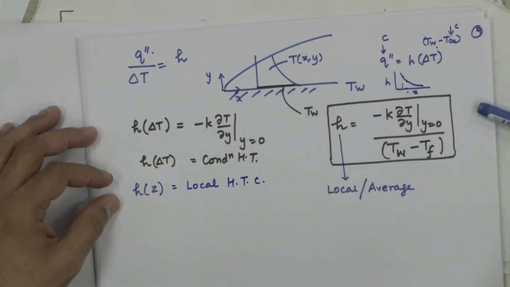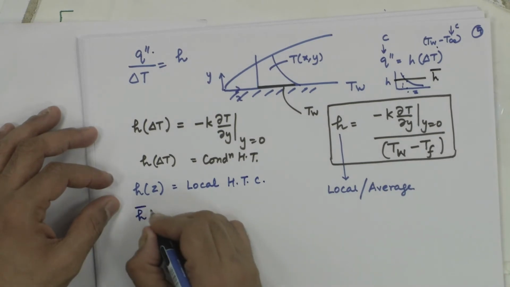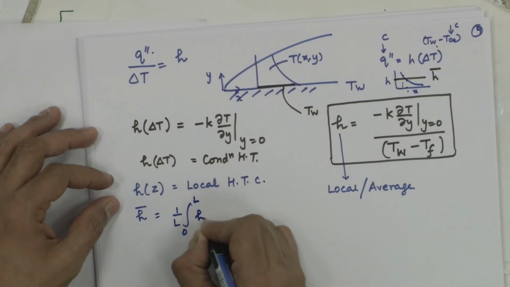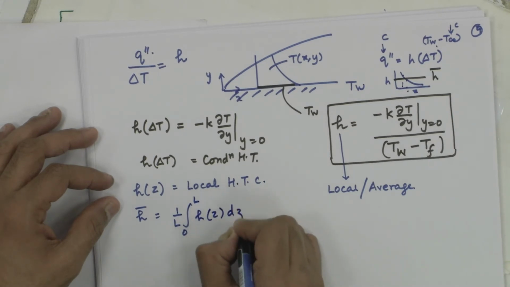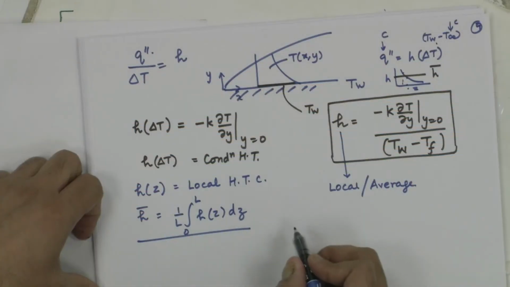If I want to take an average value, H bar is nothing but the integral over 0 to L of H local as a function of z. This is called the average heat transfer coefficient. Both local and average heat transfer coefficients are very powerful tools wherever we want to do electronic cooling.